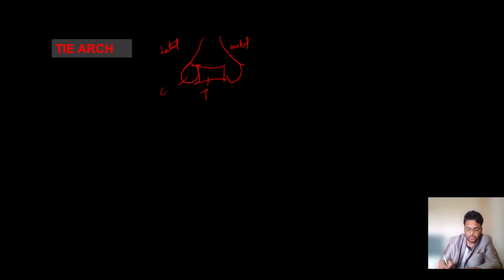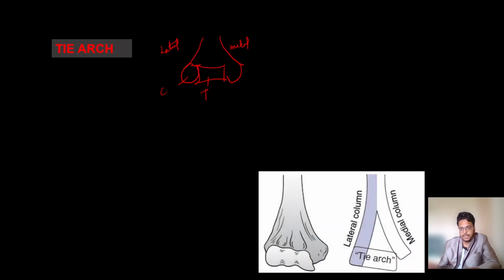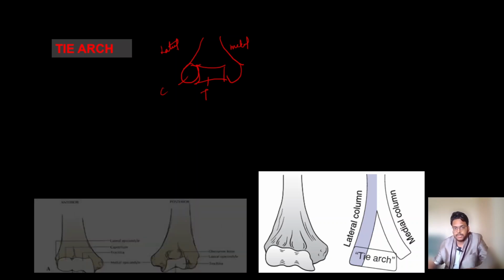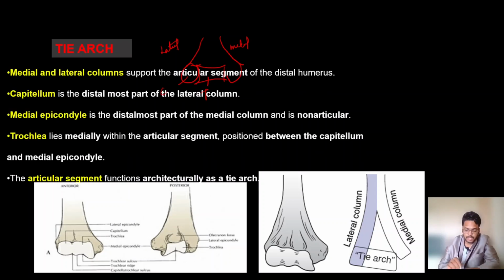Combining these two will form the tie arch. See, the lateral column, the medial column, the capitulum, the trochlea and the medial condyle all together will form a tie arch. Okay. So, the medial and the lateral columns support the articular segment of the distal humerus.